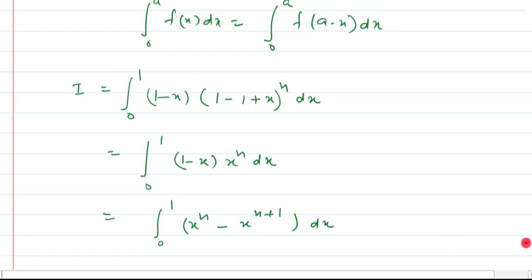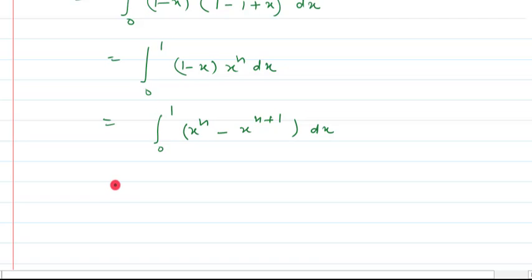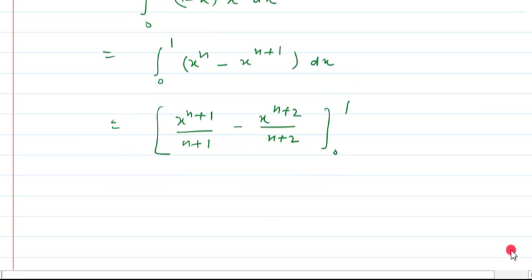Okay, so now you can find out its integration very easily. Integration of x power n is x power n plus 1 upon n plus 1 minus x power n plus 2 upon n plus 2. And now apply the limits 0 to 1. So in the same way, when we apply 1 over here, 1 any power is again 1.